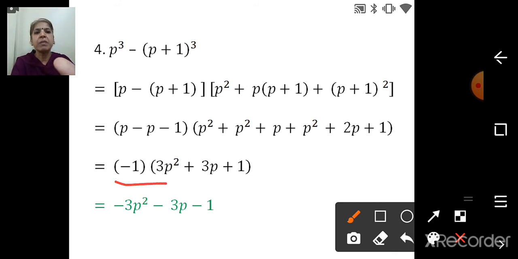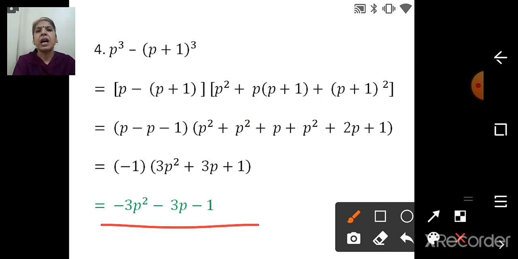So minus 1 multiply with 3p square, it will become minus 3p square. Minus 1 multiply with plus 3p, that is minus 3p. 1 multiply with minus 1, minus 1. So our answer is minus 3p square minus 3p minus 1.